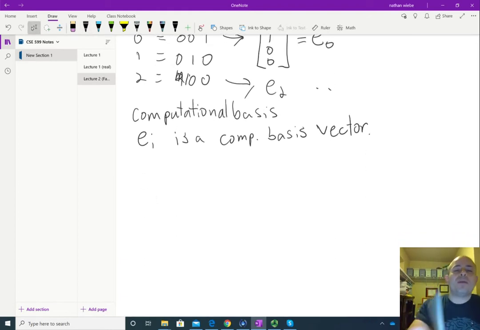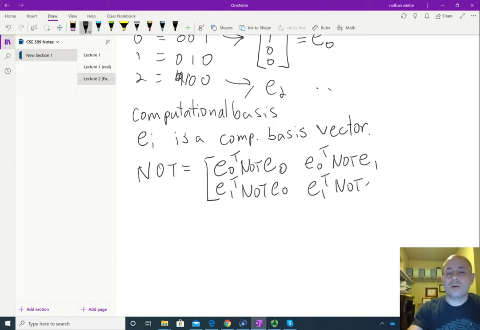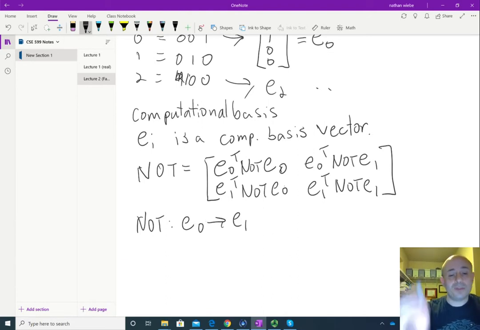Again, as I showed you last time, we can encode an operation like the NOT gate as a matrix built from E0 transpose, E1 and E1 transpose, E0, using the fact that the NOT gate maps E0 to E1 because it flips the bit, and it maps E1 to E0.